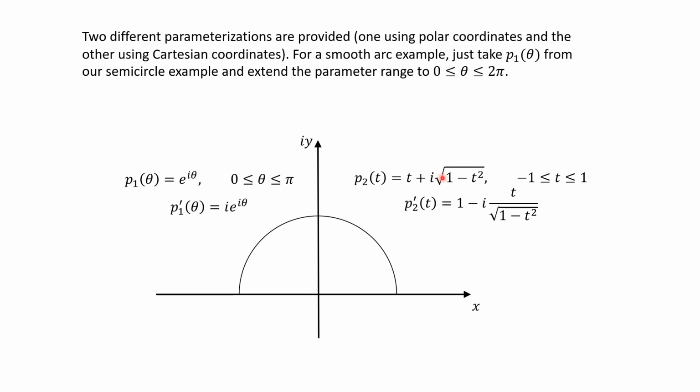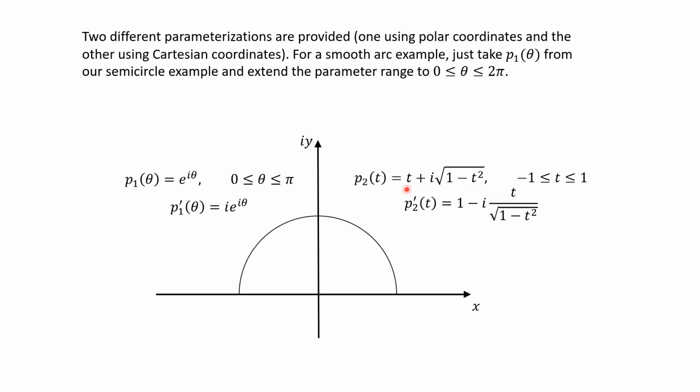And you can see here, as you put in, say, t equals 1, this cancels and you just get 1. If you put in t equals 0, for example, you get 0 plus i, that's this point. T equals minus 1, this again cancels and you get a minus 1. And you can try anything in between and you'll get the various points here.